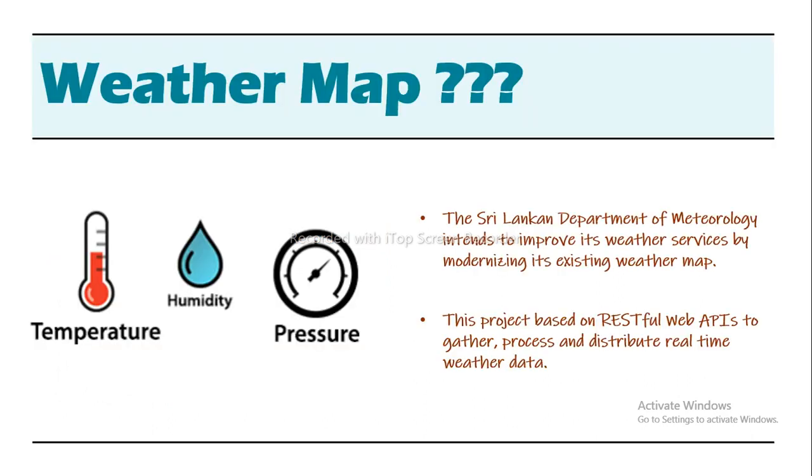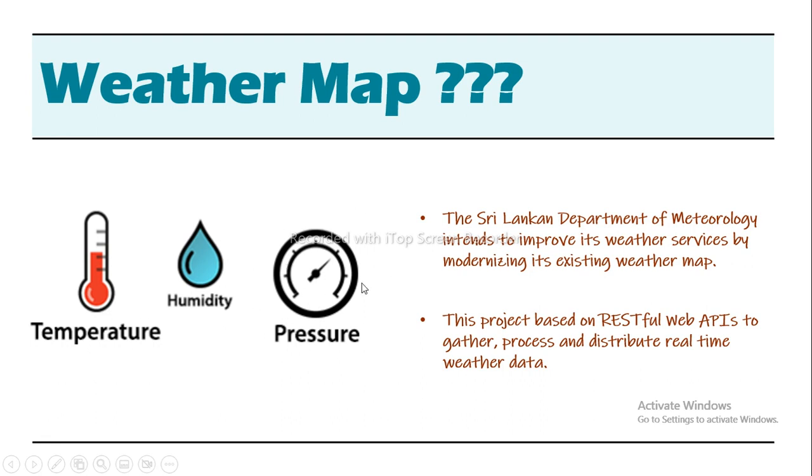So what is this weather map? The Sri Lanka Department of Meteorology provides a weather report which is updated only every 3 hours. So I have modified their map with real-time data with metrics like temperature, humidity, and pressure.